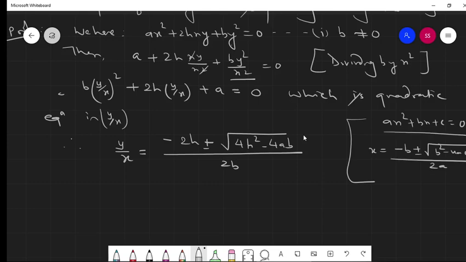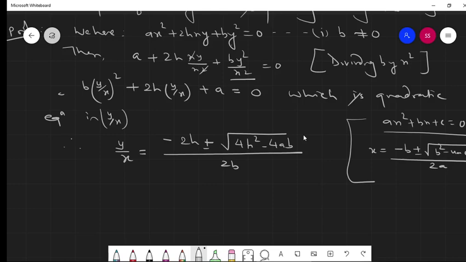Comparing, the variable is y by x, minus b is minus 2h, b square is 2h whole square, that is 4h square, minus 4ac, where a is b and c is a, so it is 4ab by 2a, and a is b, that's why it becomes 2b.